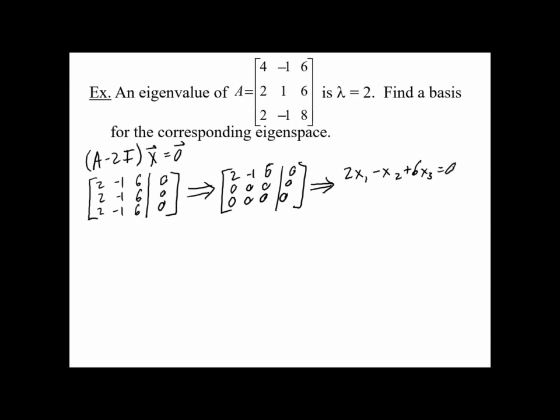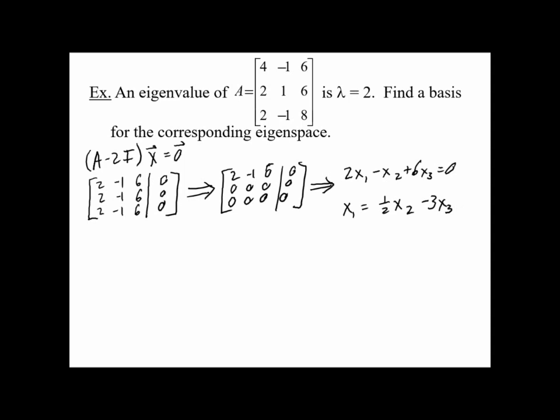Now I should mention real quick, I'm going to solve for x1. You don't have to. You can solve for any one you want. It really doesn't matter. It's pretty easy to solve for x2 actually here, but just out of habit, I'm going to solve for x1. x1 is equal to 1 half x2 minus 3x3.